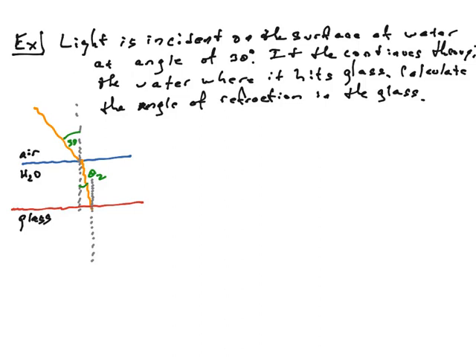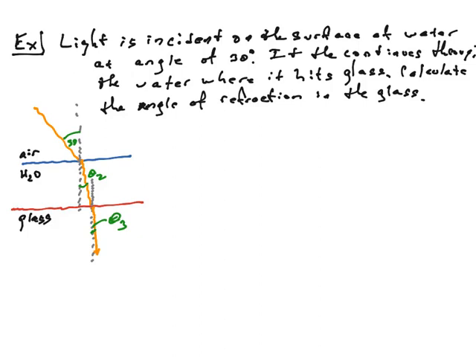So I put a new normal line, a normal line where the light is hitting the glass. And it's going to bend there. Does it bend inwards or outwards? Well, I'm going from water to glass. Glass is more dense than water, so I should bend inwards, so the angle should get even smaller. Okay, where this angle right here, very, very small angle, we'll call theta 3, which is the angle I'm looking for. The angle of refraction in the glass is theta 3.